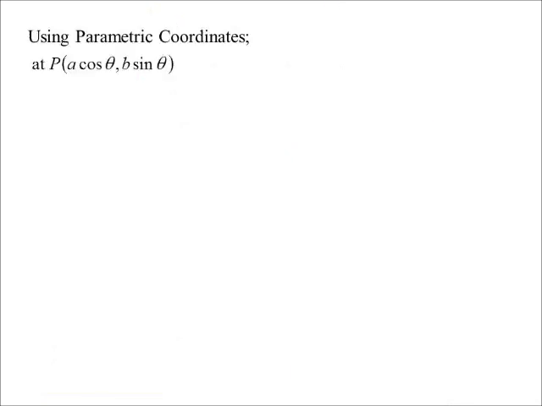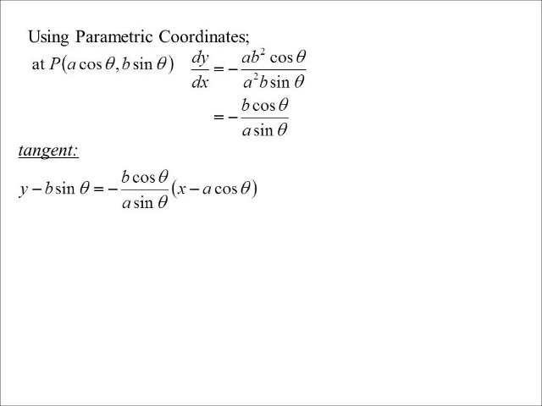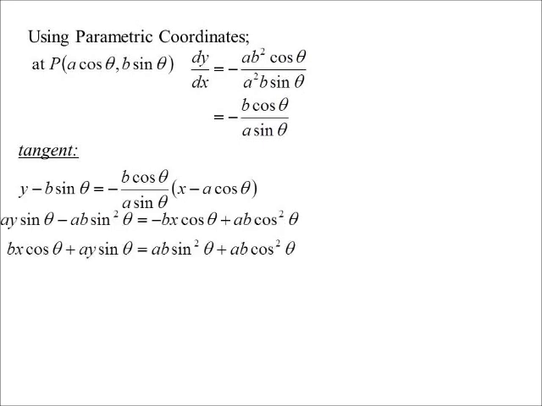Okay, what happens if I use parametric coordinates instead? I can sub straight into the derivative. I've already worked out the derivative, but now the x value is a cos theta, the y value is b sin theta. Now I'm not going to change that to cotan, the cosines are very tempting, but I'm not going to. Because when we sub into tangent, now I'm going to multiply everything by a sin theta and expand out.